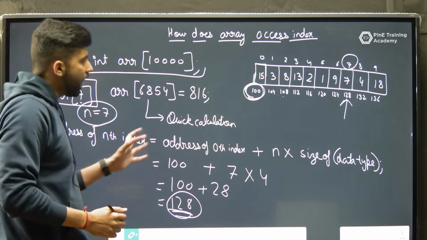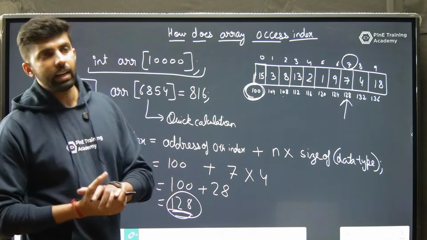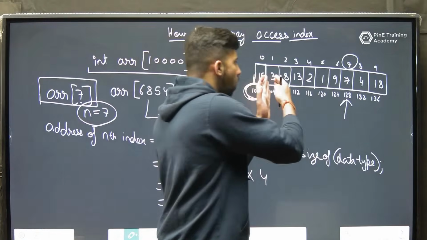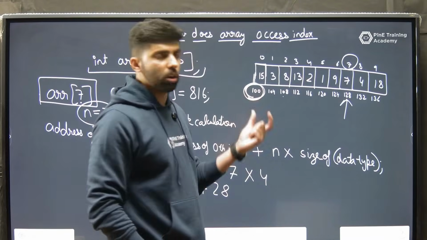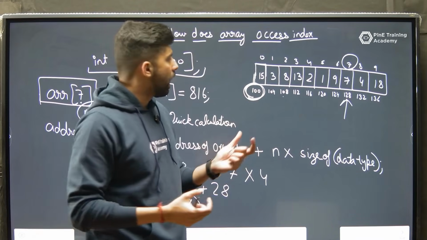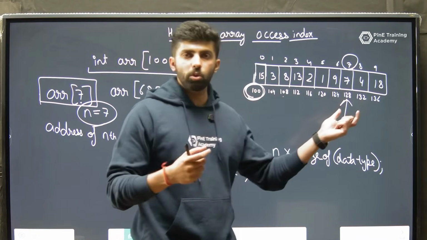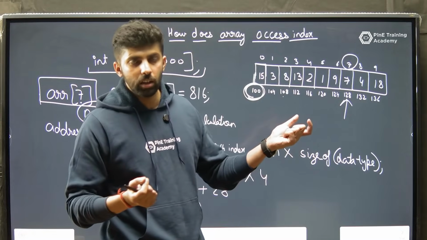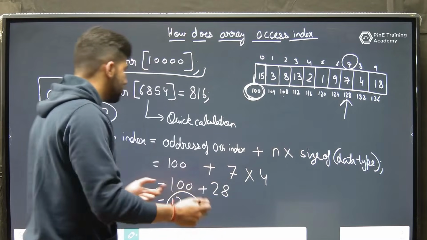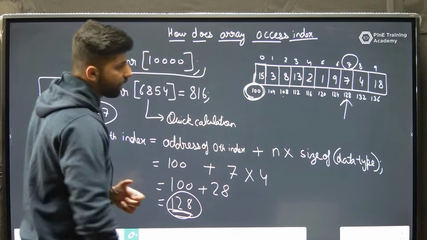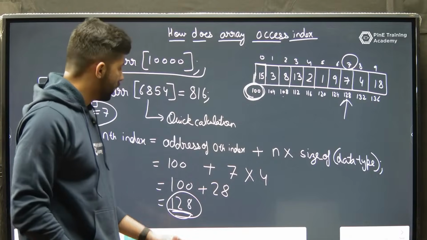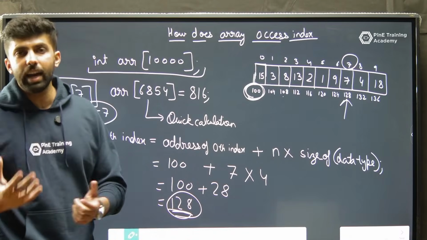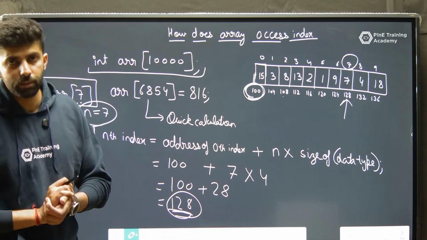Array doesn't need to store all the elements. It just stores the address of the 0th index, and all the elements are stored in contiguous memory locations. Because of these two things, this formula works perfectly fine, and with a very small calculation, it is able to calculate the address of any index it wants.